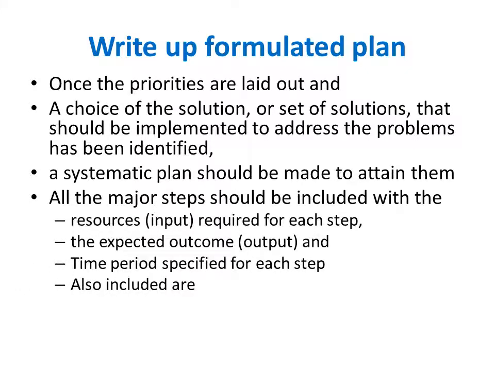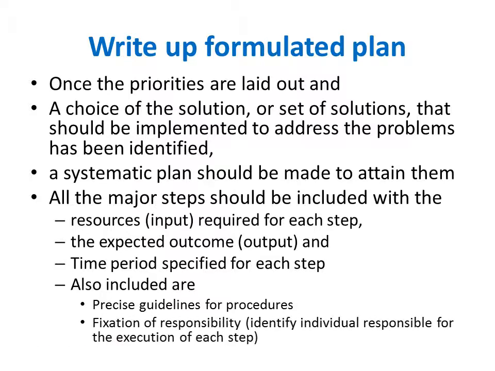In addition, we also include precise guidelines for the workers: how they are supposed to work, what procedures they are supposed to carry out, and what they are supposed to do in special situations. Also, fixation of responsibility, that is, we have to identify the individual who will be responsible for the execution of each step.